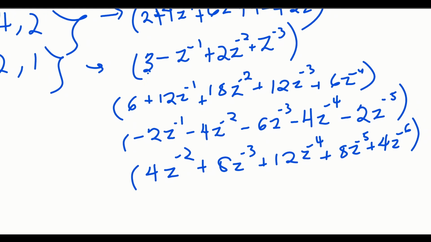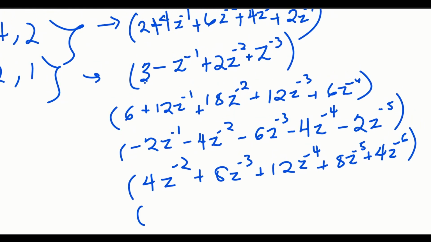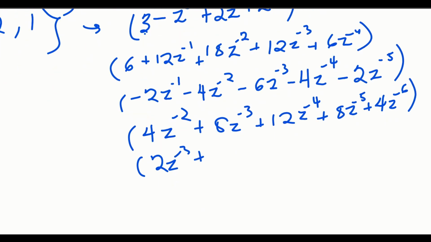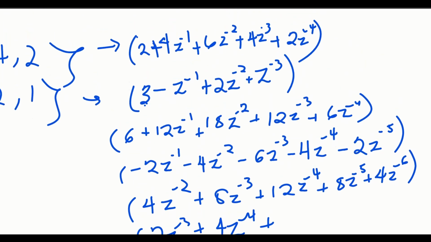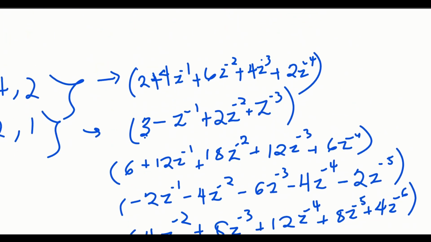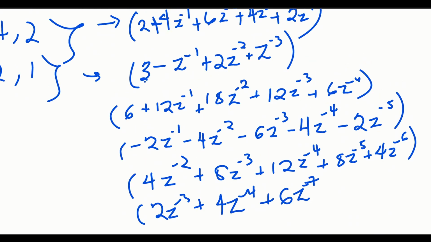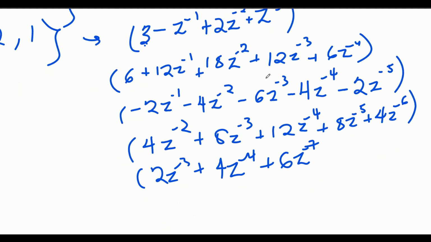All right. Then we are left with the last one, that's z^-3. So z^-3 times 2 gives me 2z^-3, plus z^-3 times 4 gives me 4z^-4, plus 6z^-2 times z^-3 will give me 6z^-5.